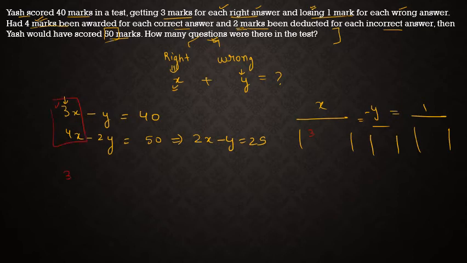Let me write it here. 3x minus y equals 40, this is one equation. 2x minus y equals 25. So you have to take it onto the left hand side also, so minus 40. And in the second equation what you have got is 2x minus y minus 25, correct?